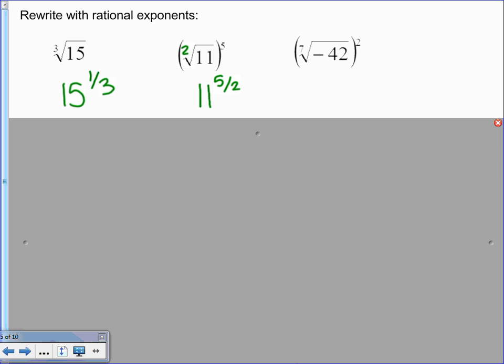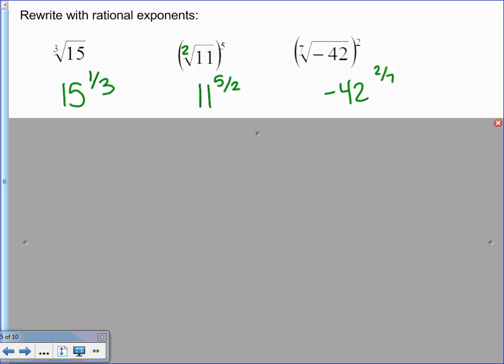Will my fraction for the last one be 7 over 2 or 2 over 7? 2 over 7, why? Where is the root? Somebody besides Kylie. Cassidy, where does the root belong? In the denominator. So we're going to say negative 42 raised to the 2/7.